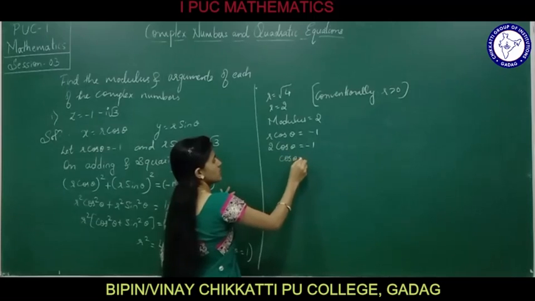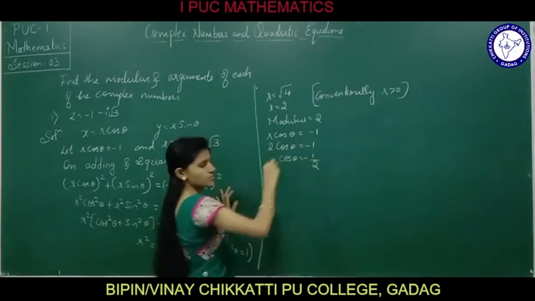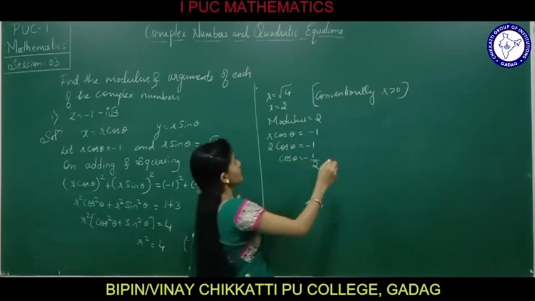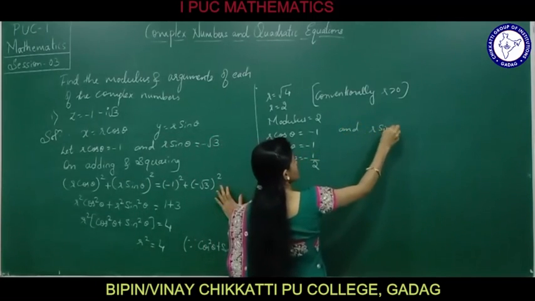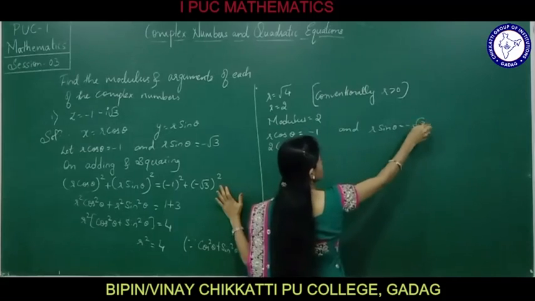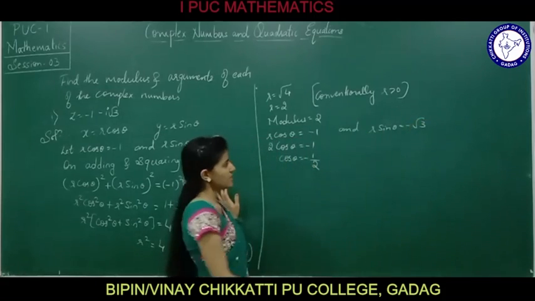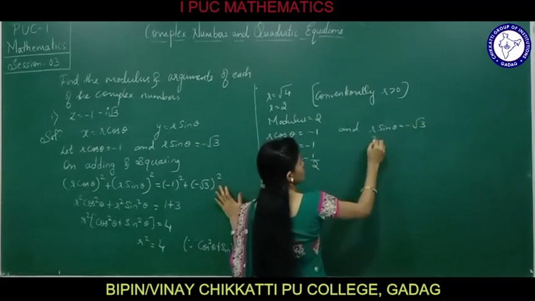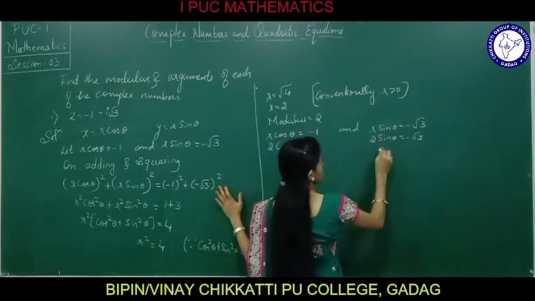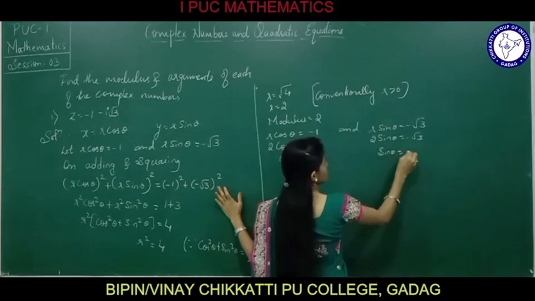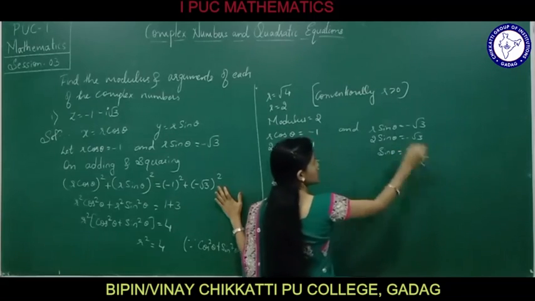Therefore, cos theta will be equal to minus 1 by 2. And we have r sin theta is equal to minus root 3. Therefore, 2 times sin theta is equal to minus root 3. Sin theta is equal to minus root 3 by 2.